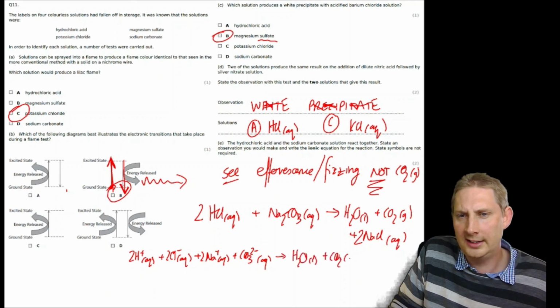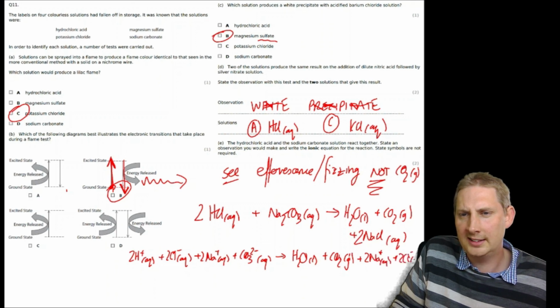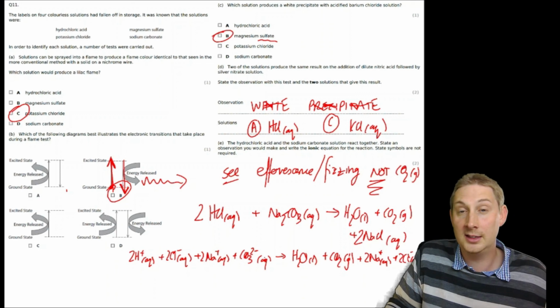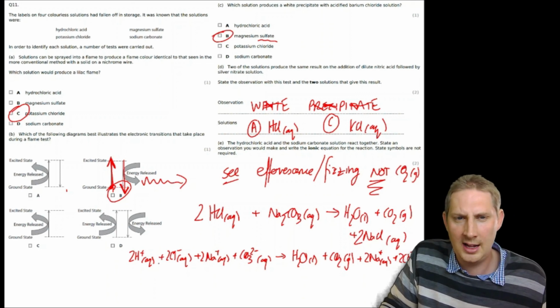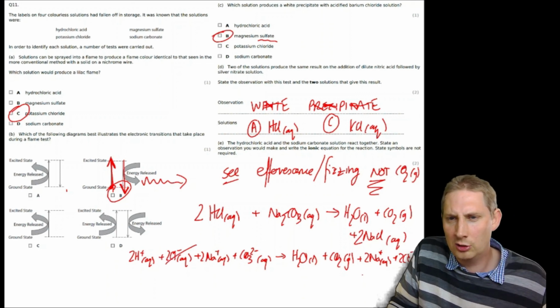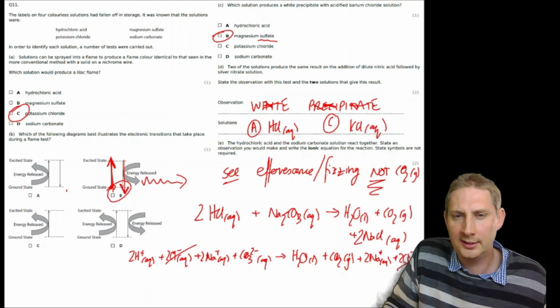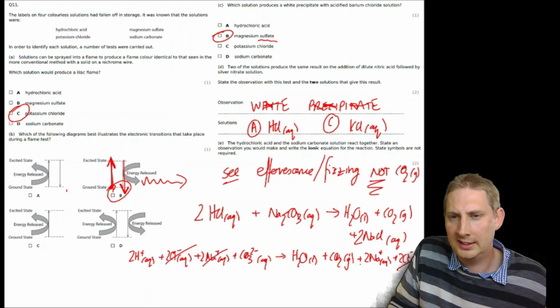Carbon dioxide is not split up, it is covalent. But sodium chloride is also ionic and aqueous, so we can split that up into the ions. See previous presentations for help. Finally, chloride, spectator ions, sodium, spectator ions.